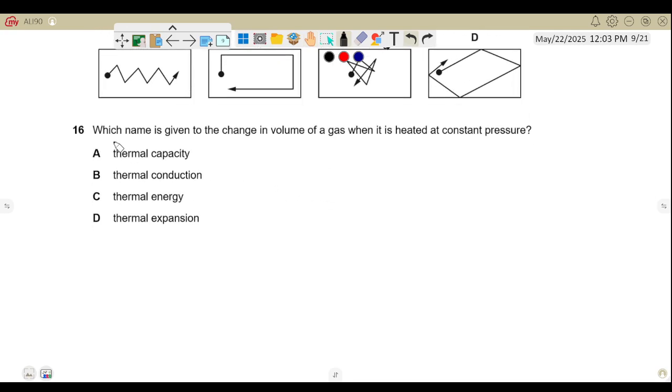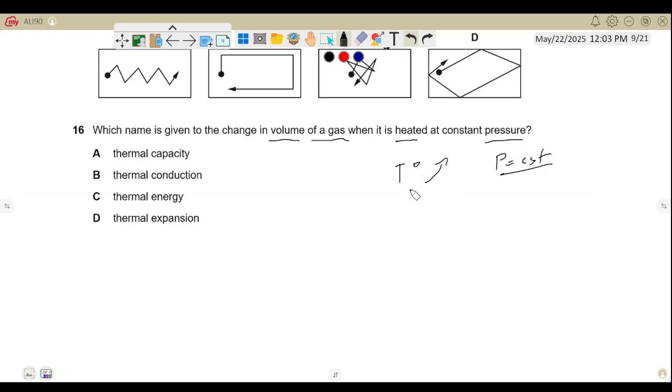For 16 here, which name is given to the change in volume of a gas when it's heated at a constant pressure? So the pressure here is constant, and the gas has a change in volume under this condition, so the temperature for sure is increasing.